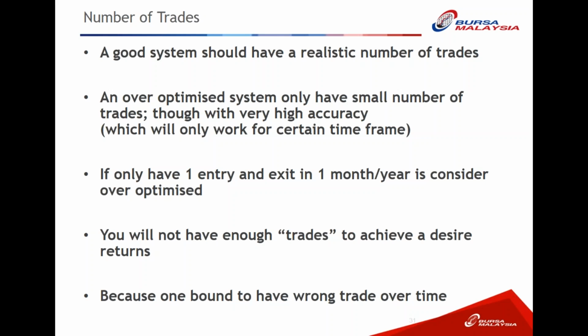But when I asked this guy, have you traded this contract? He said no, just put in a formula and test it. So this we call an optimized system. Although it has a very high accuracy, every time you go in you make money, it only works for this small time frame.